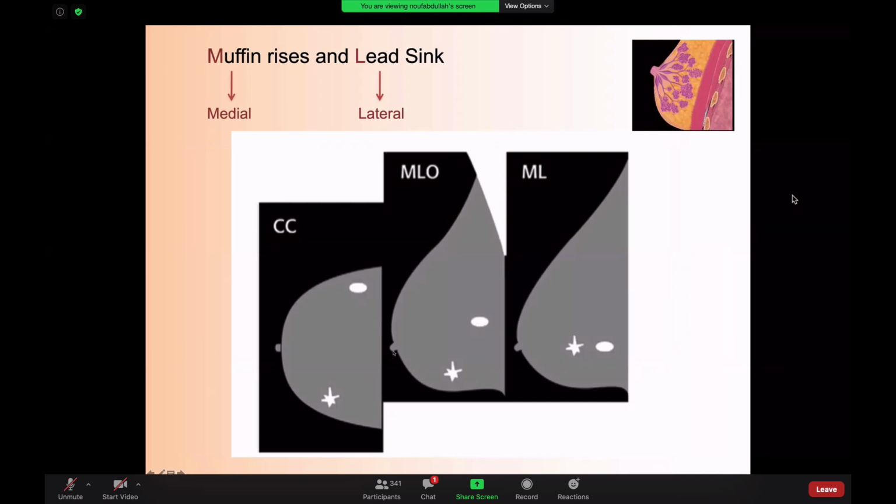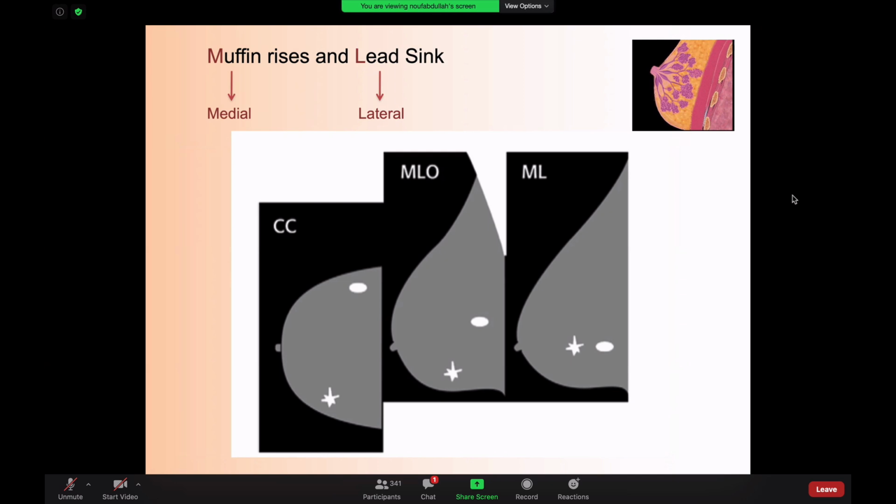So if you draw a line from the nipple perpendicular to the pectoralis muscle, I know that this lesion is located below the nipple line, so it is located inferior in the right breast. So this lesion is located lateral and inferior, but this is an oblique view. So you know that if I do a true lateral, the location of the lesion will be different.